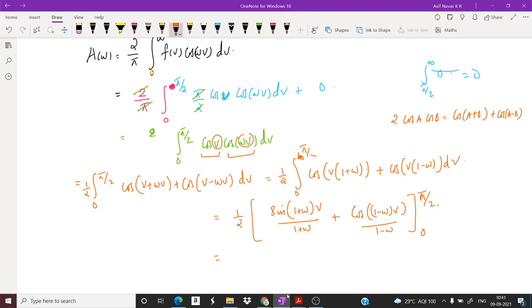So which is equal to 1 by 2 times, sine 1 plus omega pi by 2 divided by 1 plus omega plus, then applying the limit, sine 1 minus omega pi by 2 divided by 1 minus omega, minus, if I put 0 here, sine 0 is 0, plus here again if I put v equal to 0, 0.